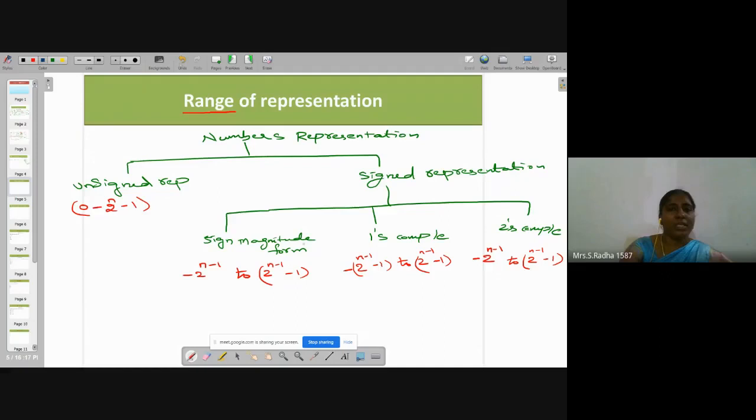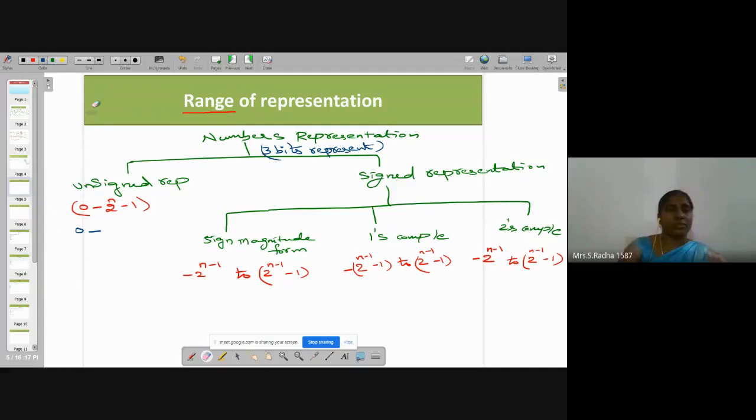If I take a 3-bit representation, only 3 bits allowed, then the maximum numbers I can represent is 0 to 2^n minus 1.